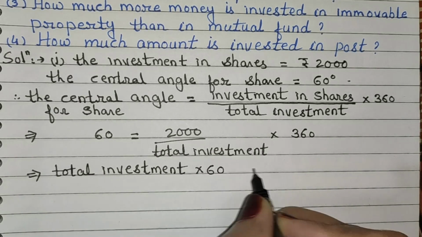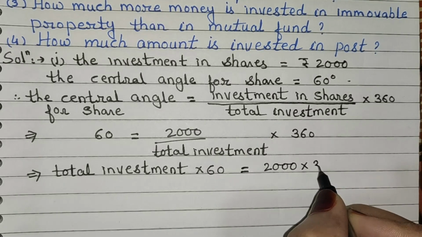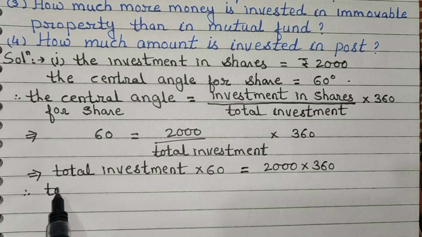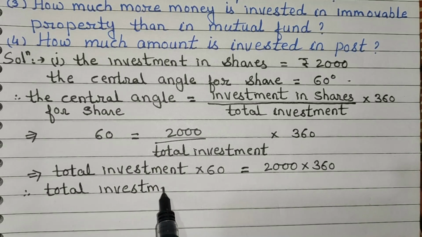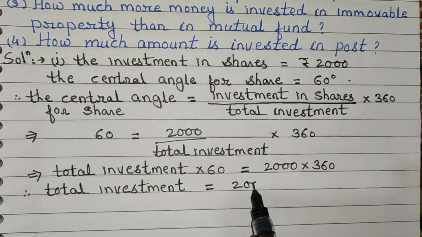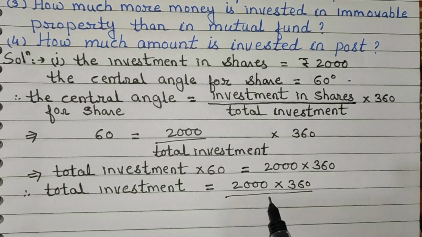Now cross multiply here, we get total investment into 60 is equal to 2000 into 360. Therefore, total investment is equal to 2000 into 360 upon 60.